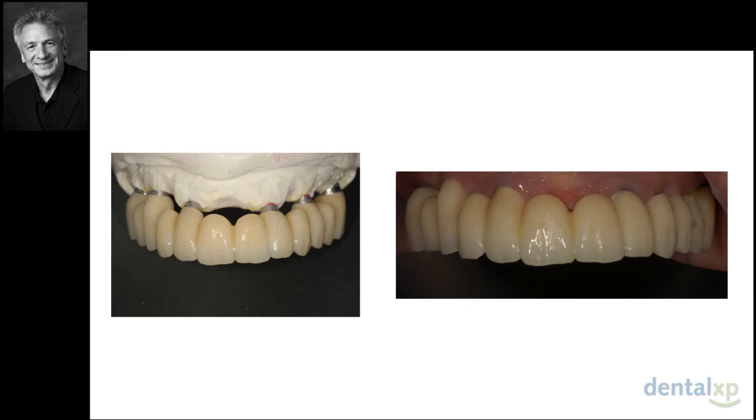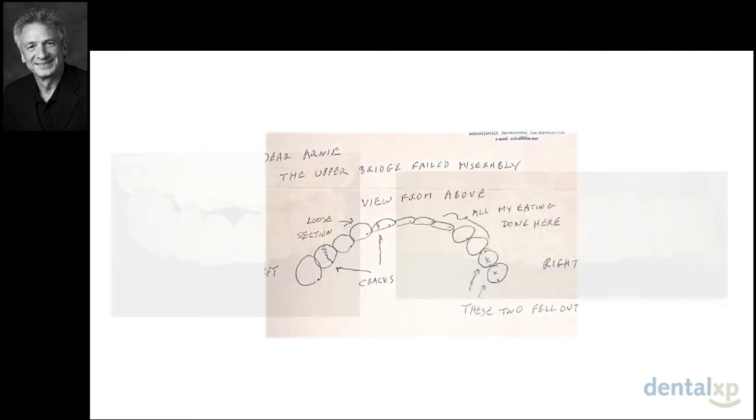Now, I had a sense of concern since this patient seemed to break everything. I think we all have these patients. And so the patient went away, like a snowbird, from Boston to spend some time in Florida. And I was concerned about what would happen if the patient would break the provisional.